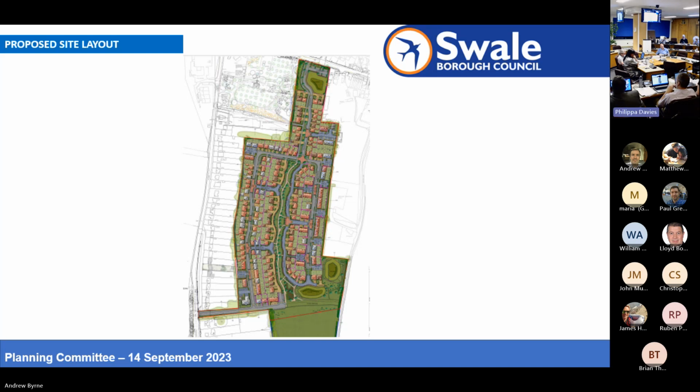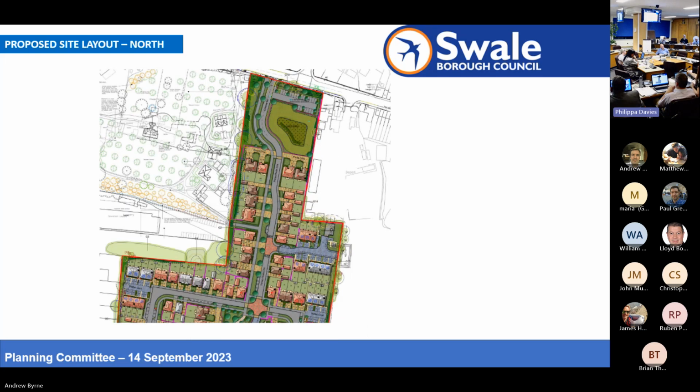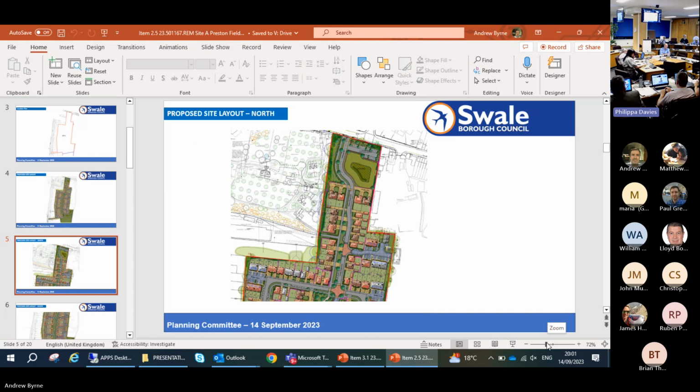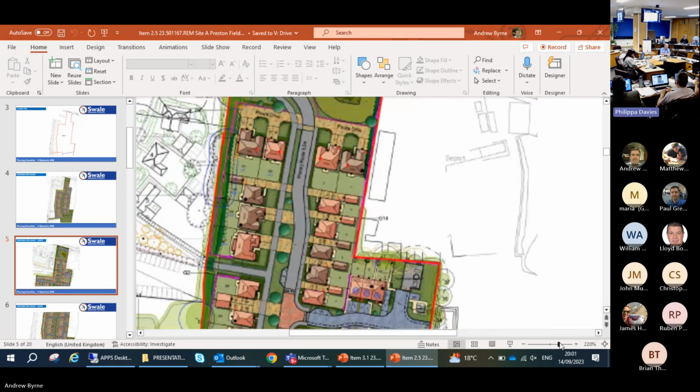Thanks, Chair. One real minute detail that I've got on this one, I think design is obviously the thing that we really need to look at on here. There's one section in the northeast corner, looking at it on the screen. There's a pumping station up in that corner. Can we zoom in on that? As you go around that road, there are no footpaths going up to those houses there, and there's grass verges.